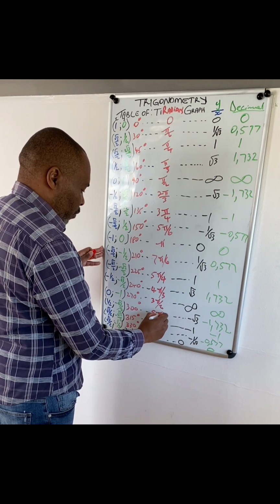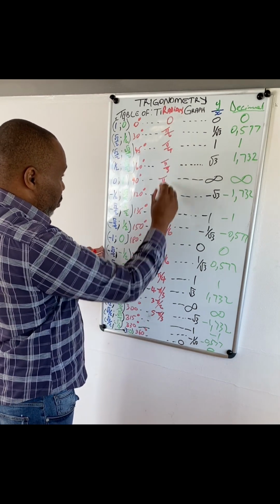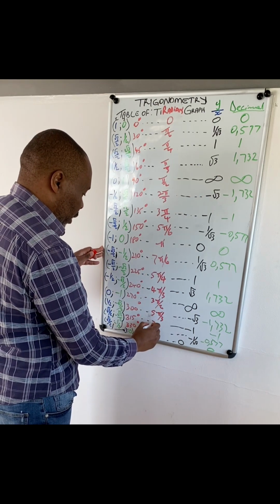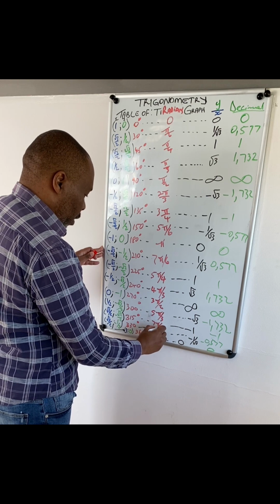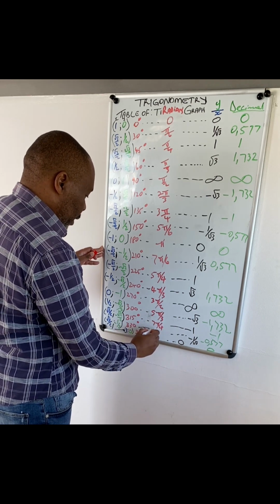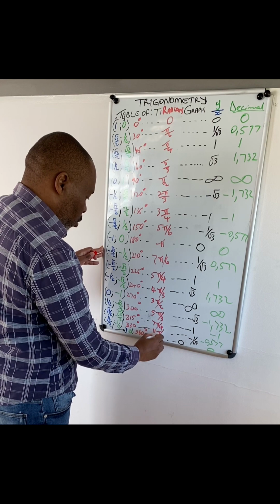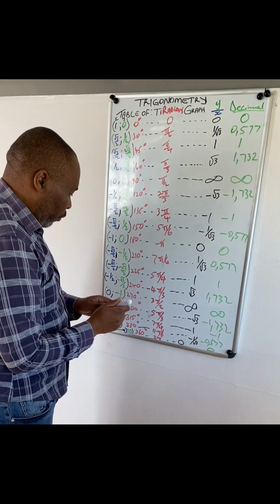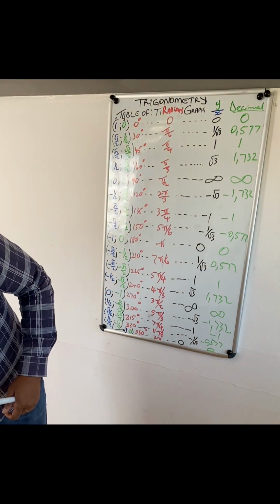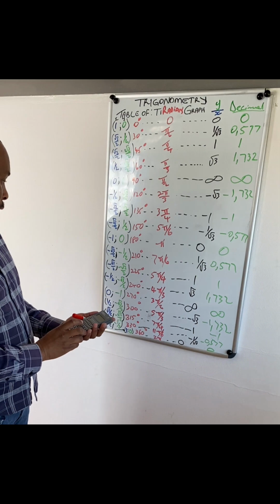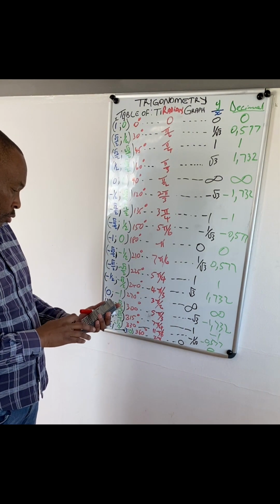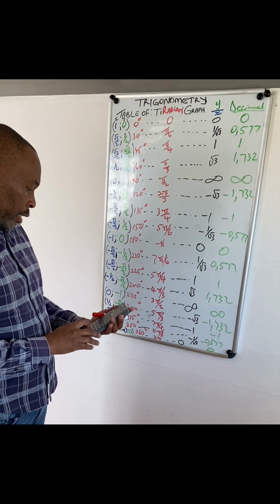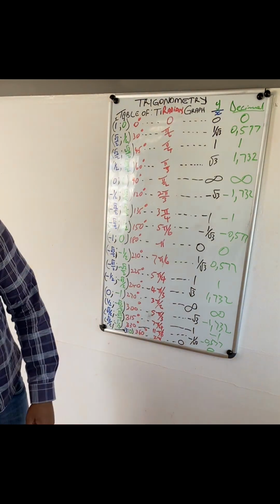Yeah, 5 pi over 3. Do I have 5 pi over 3 here? No, it is 5 pi over 3, and 315 is 7 pi over 4, and 330 is 11 pi over 6, and 360 is 2 pi. But I want to confirm 300, if it truly is 5 pi over 3: 5 times 180, and divide by 3, it is 300, 5 pi over 3.